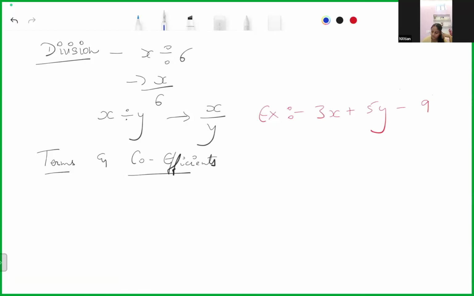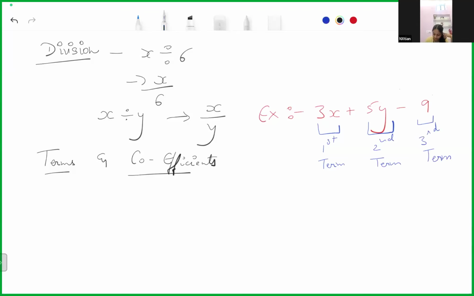Yes. So 3x is my first term. 5y is my second term. And 9 is my third term.